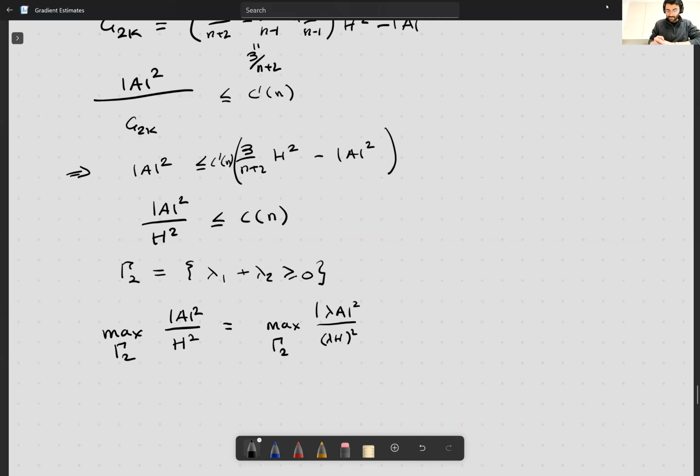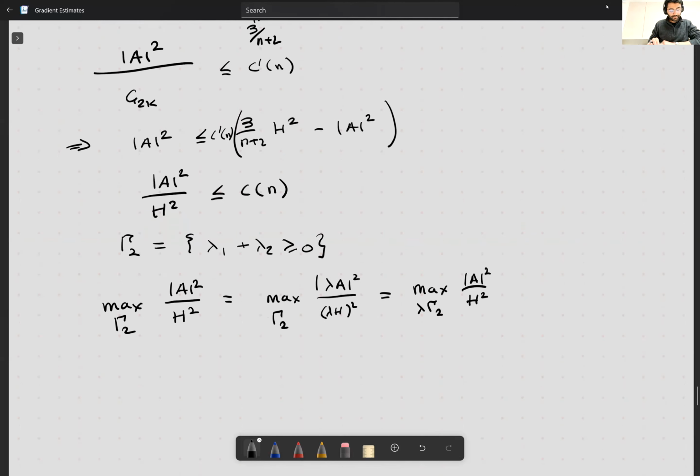So just moving the lambda onto this set here, I get it's equal to the max over lambda gamma 2 of a squared on h squared. But this is scale invariant, so this is the same thing, okay? So we could just choose lambda. This is equal to gamma 2.